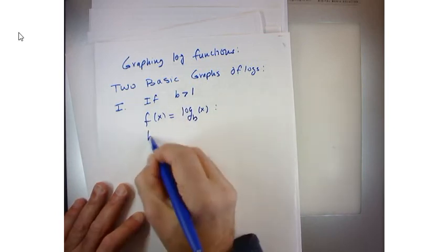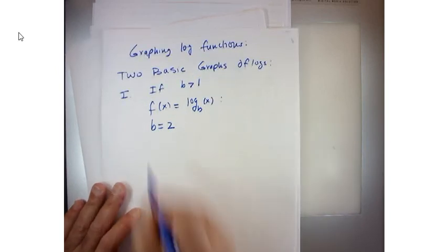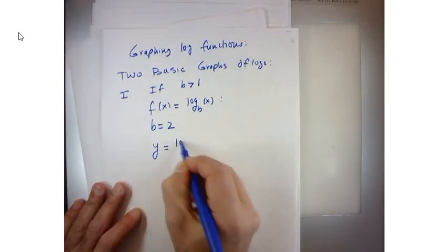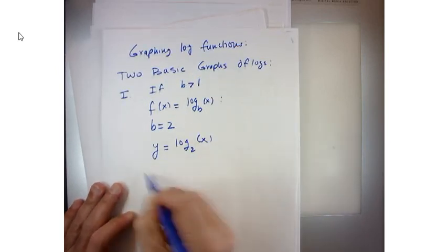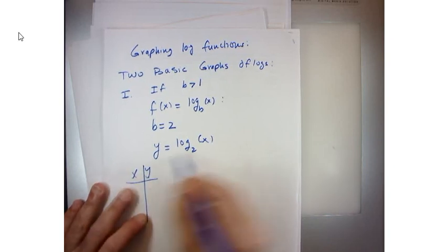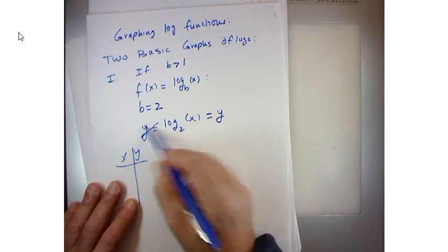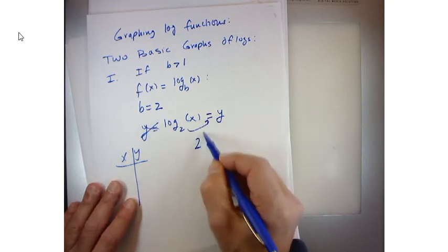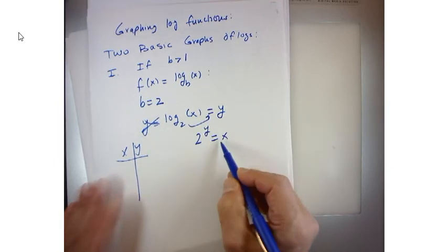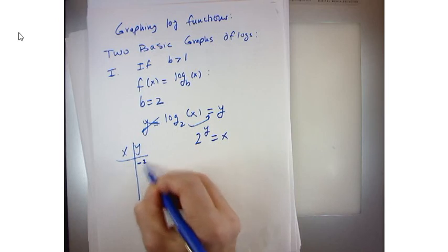In this case, let's pick any number greater than 1. So we're going to do y equals log base 2 of x. We're going to make a t-table, but we don't know how to plug numbers in, so we're going to switch it to exponential. We put y on this side. 2 to the y equals x. Since x is isolated, we're going to plug in values for y.